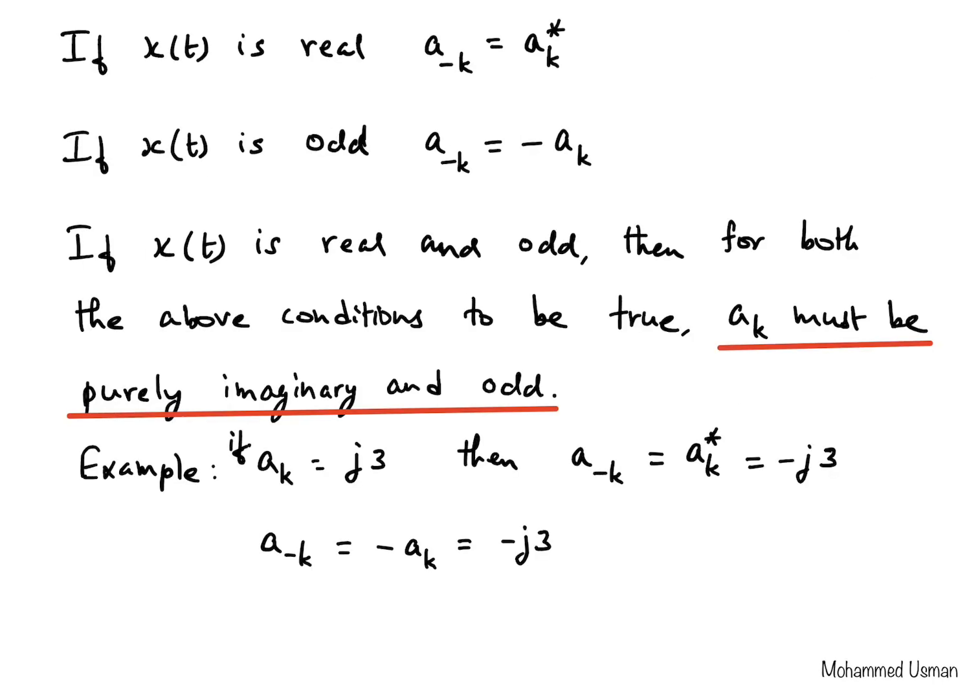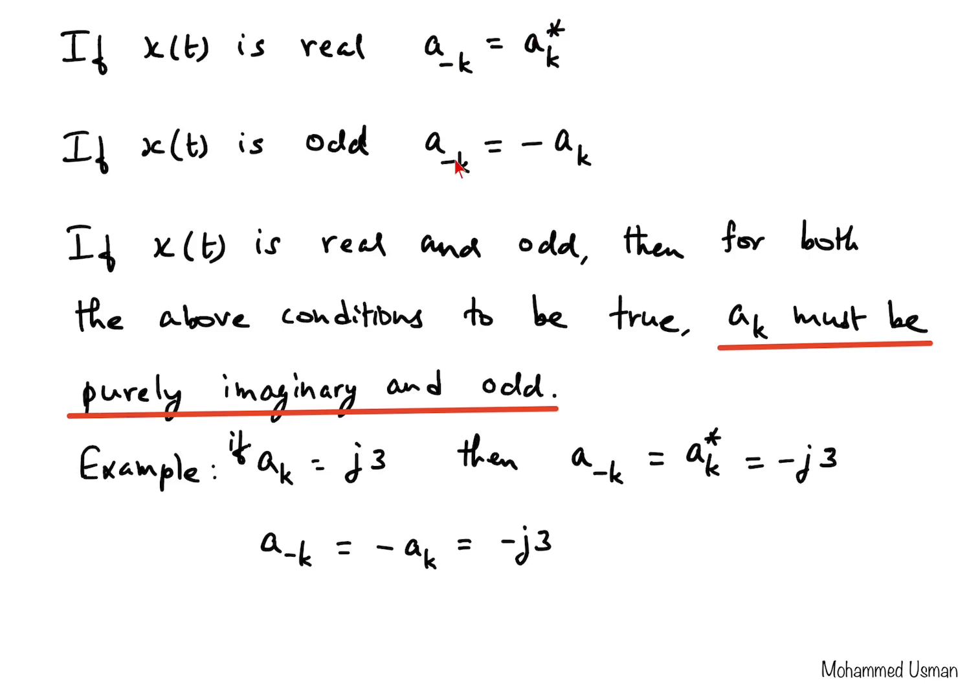Similarly, if the signal x of t is real and odd, then it must satisfy the condition that ak star is equal to minus ak, right? Because for the real signal, this condition has to be satisfied, and for the odd signal, this condition has to be satisfied.